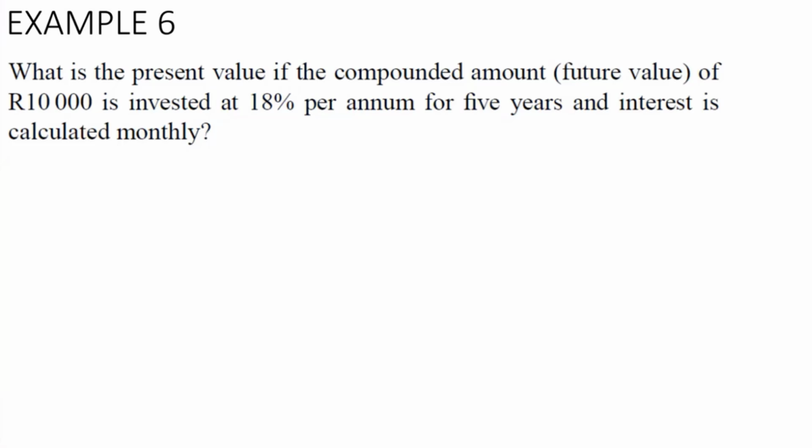Let us look at the next example. Here, what is the present value? You are asked to find your P if the compounded amount, remember the compounded amount and the accrued principal are similar names for the future value, is given. So you are already told the value of your S. This S is invested at 18%, so your I is equal to 0,18 per annum for 5 years, so your time is equal to 5.